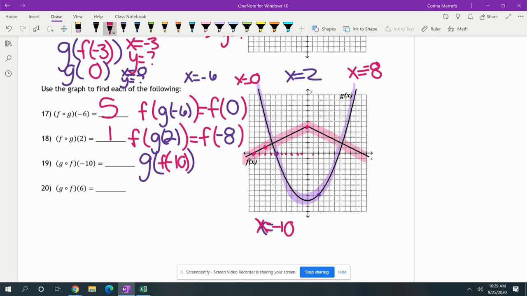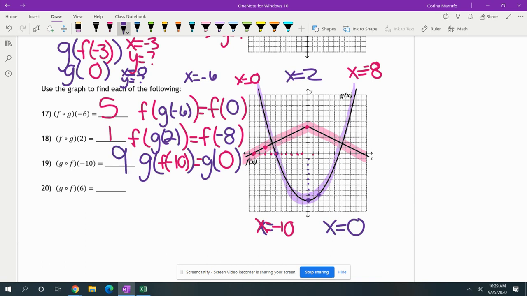My f function is actually 0. So that means we are looking for g of 0. So on our g function, when x equals 0, what is my y value? So here is 0. My y value on my g function is 1, 2, 3, 4, 5, 6, 7, 8, 9.